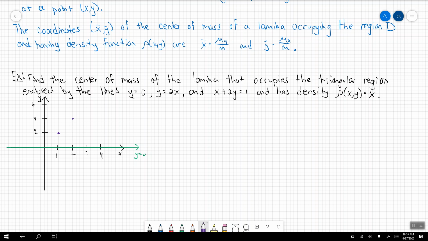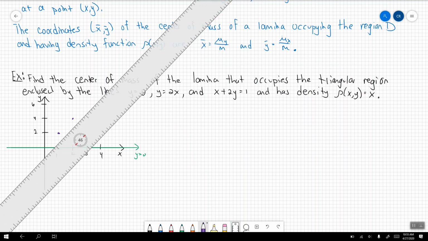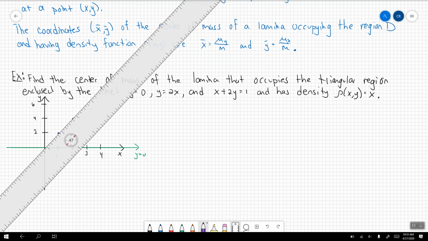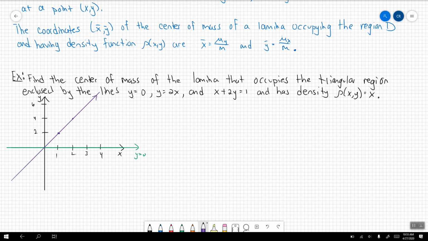Alright, let's get a line going here. There we are, looking good. So this is the line y is equal to 2x. Perfect.